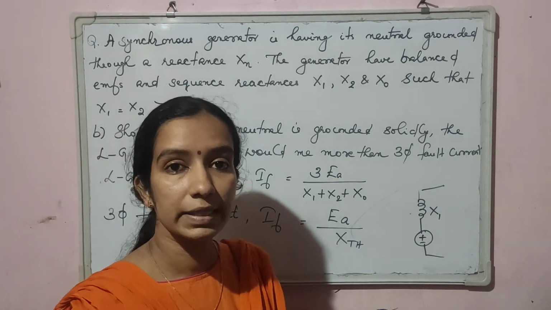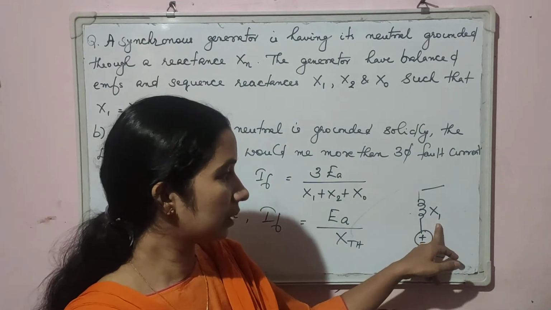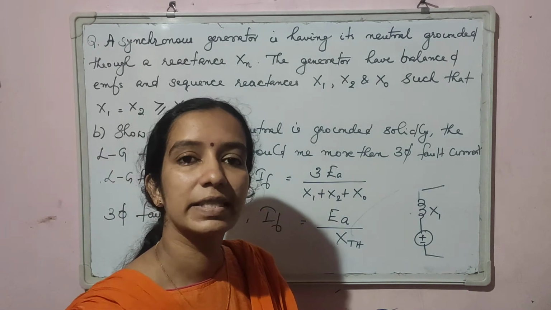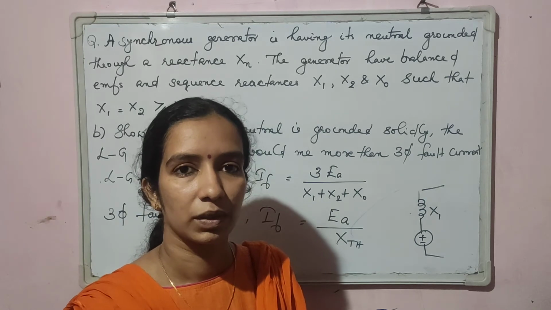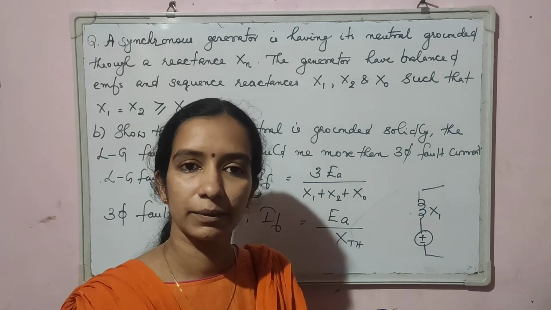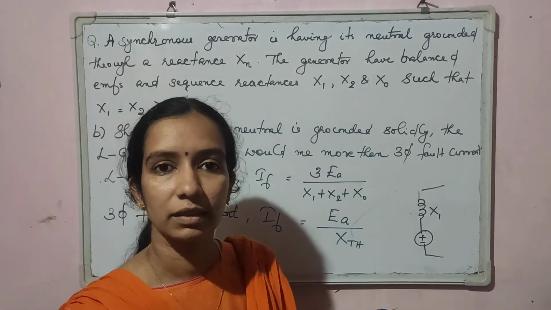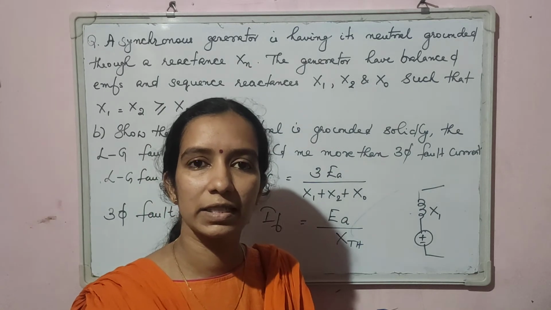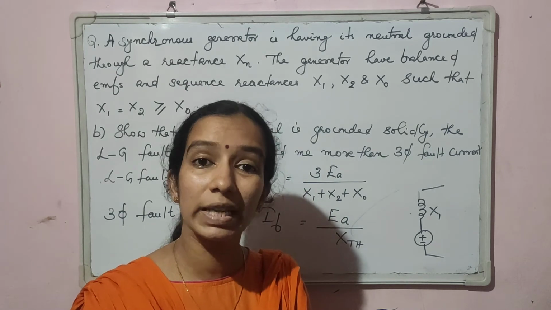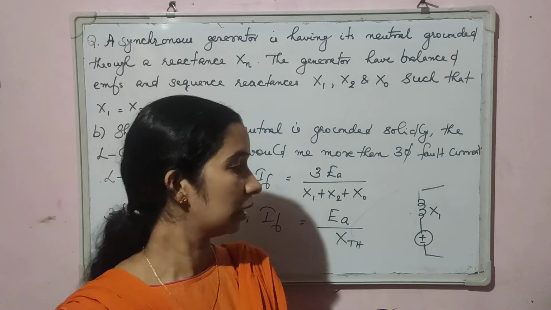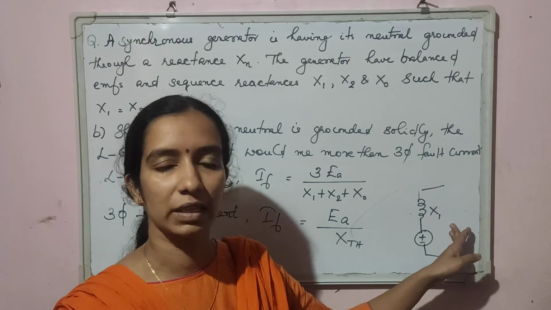While discussing symmetrical components, I already told that this positive sequence reactance is the same as the reactance that we represent in the reactance diagram. For a balanced system or a balanced alternator, all the reactances are of positive sequence only. The negative and zero sequence reactances come only if there is an unbalance in the system, or we can say the actual reactance is the same as the positive sequence reactance.